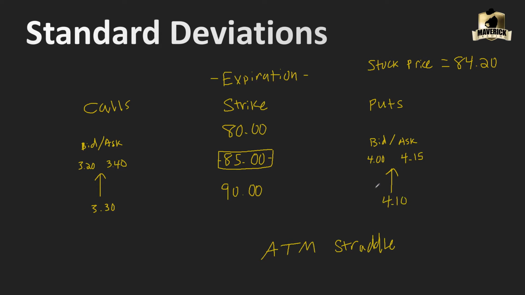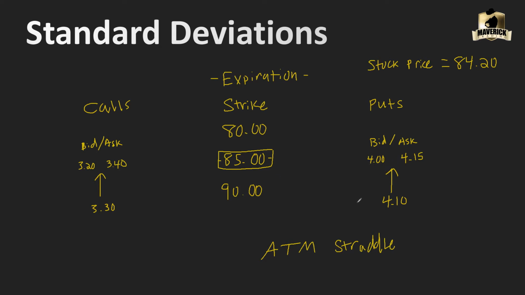Make it easy on myself. This is not an exact science. This is just taking a number that's basically in the middle, which is fair value. The midpoint is probably fair value. It's in between the highest bidder and the lowest seller. It's roughly where this transaction should go through if you were to place an order.